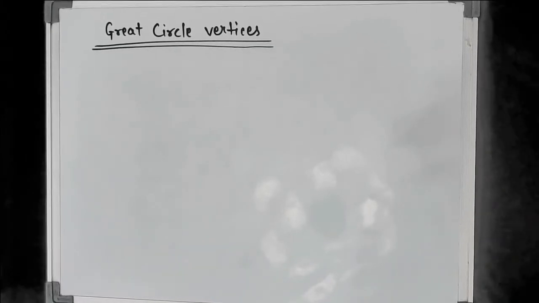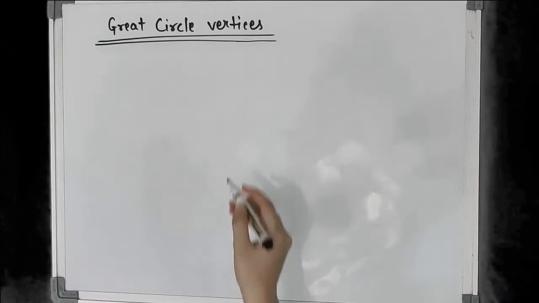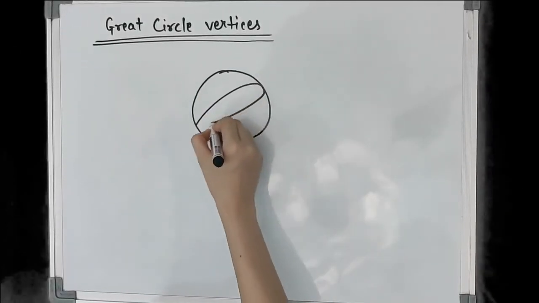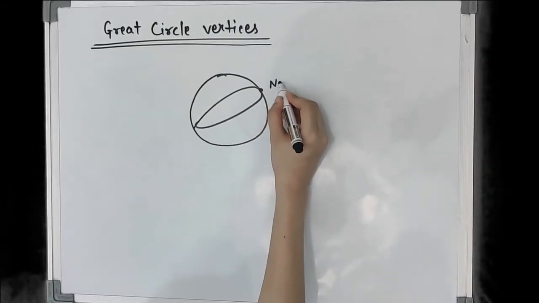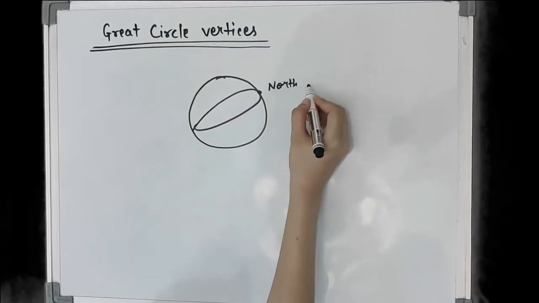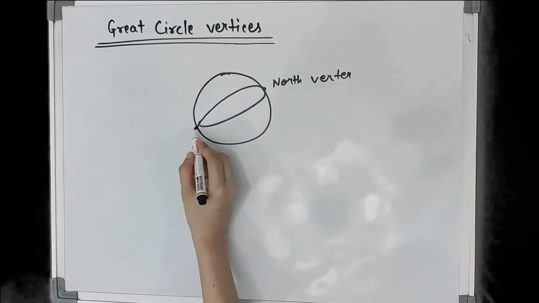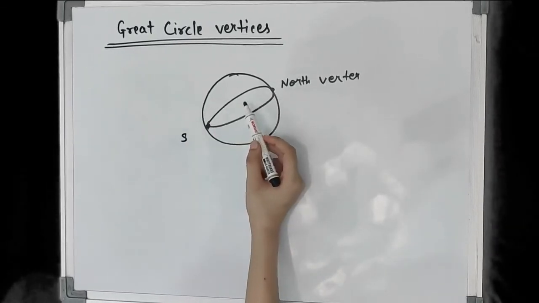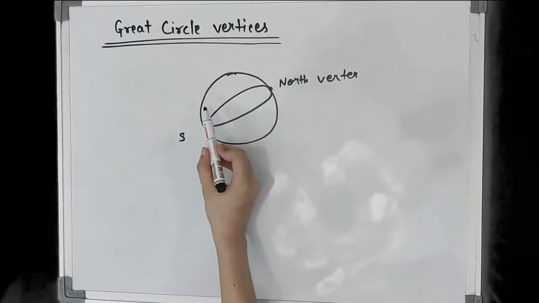Great circle vertices is the point of highest latitude on great circle. If this is a great circle, so this is the north vertex of this great circle, and this is the southern vertex. And you can see this is the point of highest latitude.